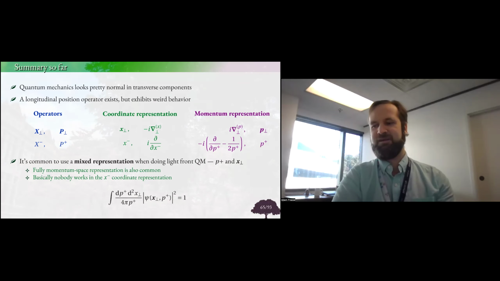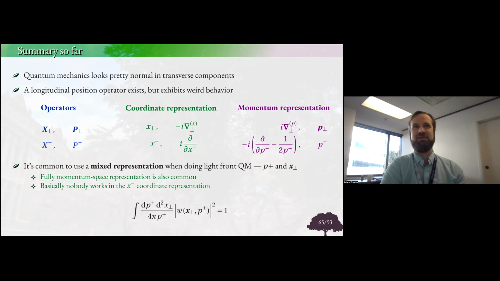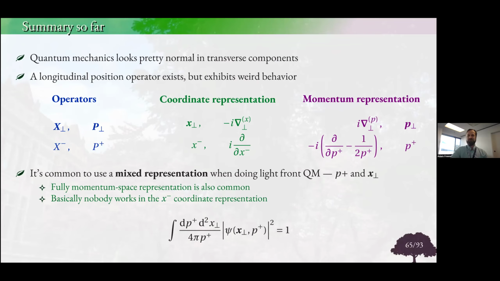In my previous lecture 2 weeks ago, I talked first about doing quantum mechanics for one particle on the light front. I pointed out that for the transverse directions, it looks pretty normal. It looks a lot like non-relativistic quantum mechanics, and this is basically a consequence of the Galilei subgroup.